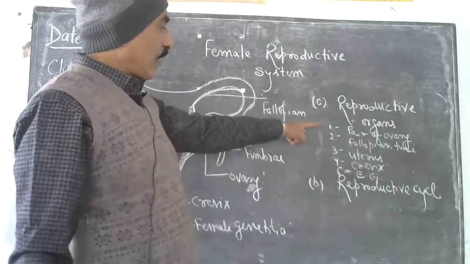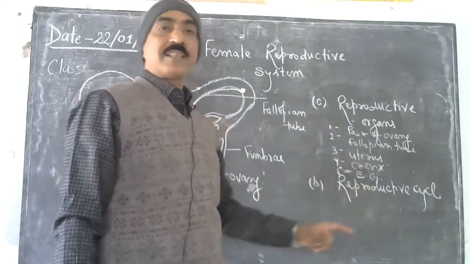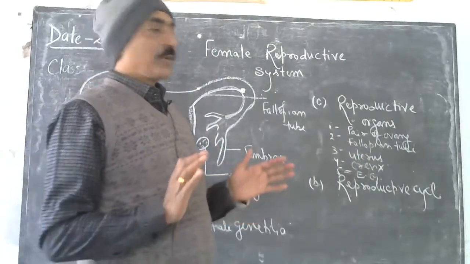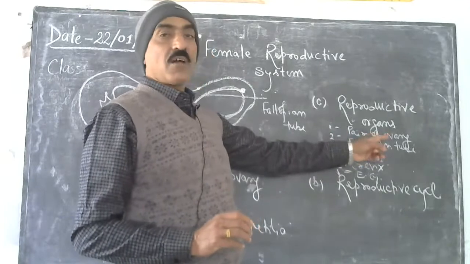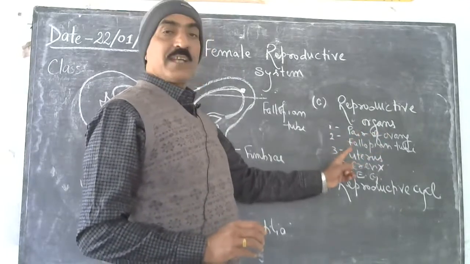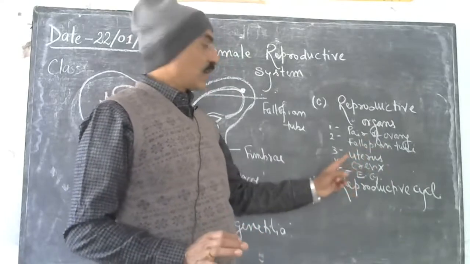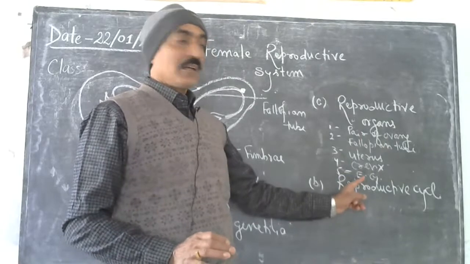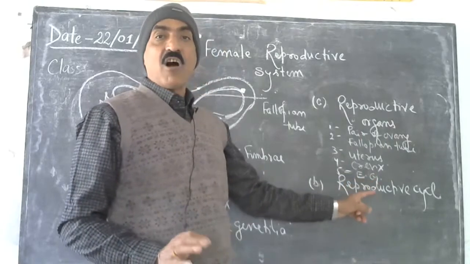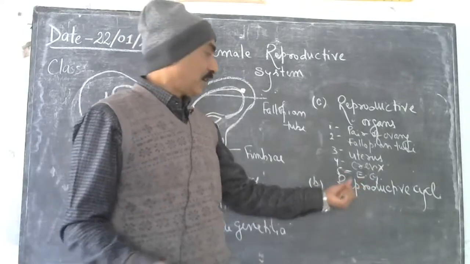So these are the five organs that constitute the female reproductive system: the pair of ovary, the fallopian tube, the uterus, the cervix, and the external genitalia or genital tract in the female, which is known as the vagina.